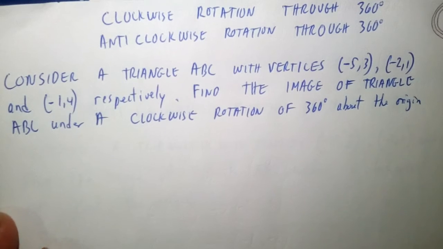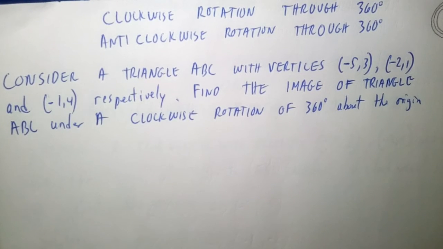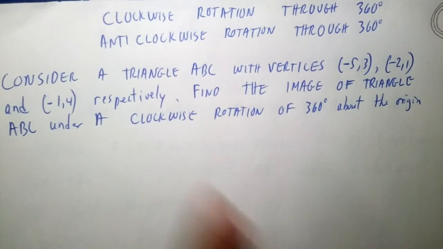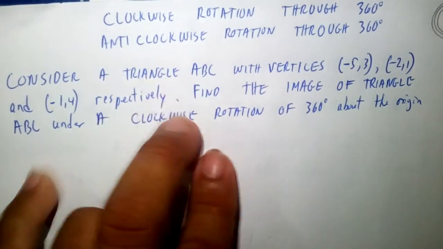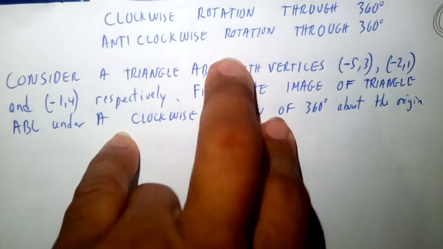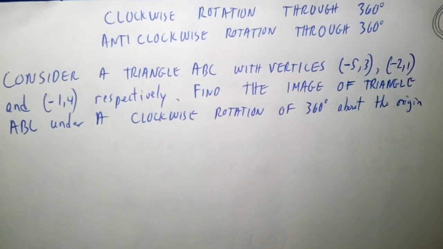Okay, so those are the things which we will be looking at. So just remember, if they say clockwise rotation through 360, it is the same thing as anti-clockwise rotation through 360 degrees. All right, so our solution to the problem will be as follows.